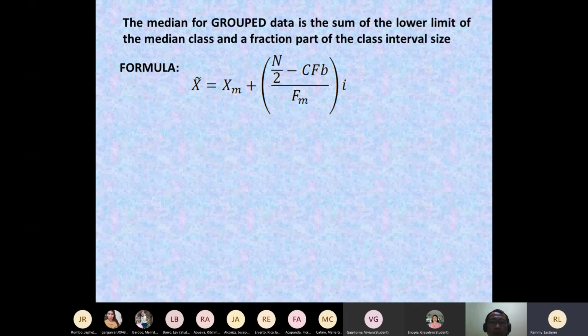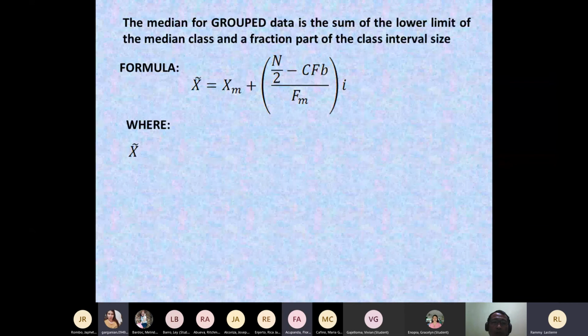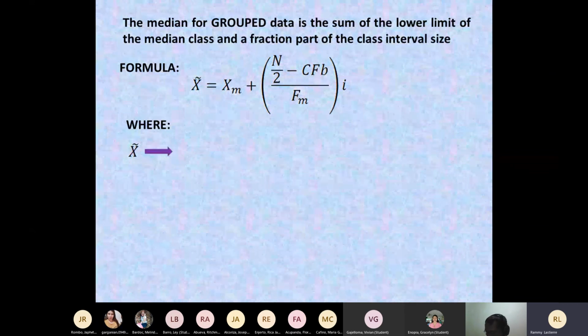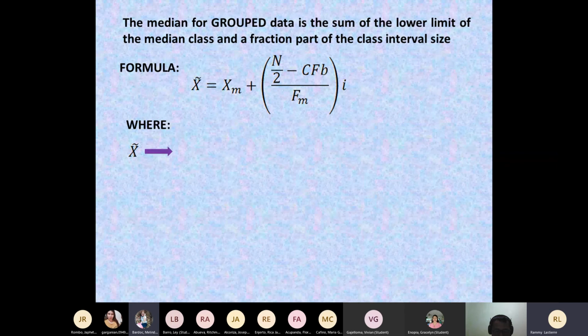Now, in this case, this is not the class mark or midpoint. The X sub M is the lower boundary of the median class. So in your notes, try to change this into X sub LB, lower boundary of the median class.